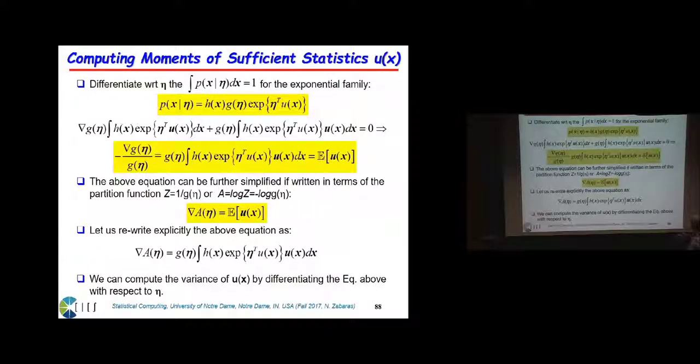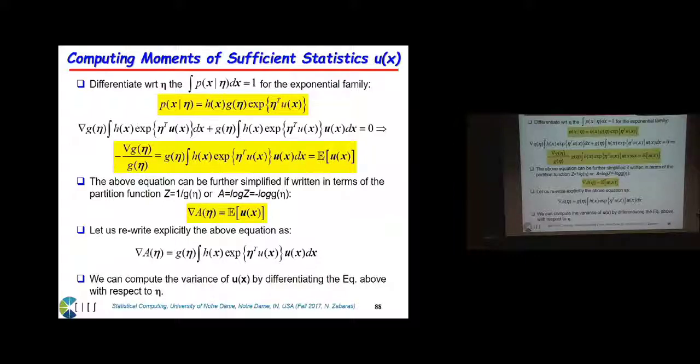Okay, so here's the calculation, and see how simple it is, right? This is our distribution in the general form. If I integrate in x, I get equal to 1, because this is a normalized distribution.